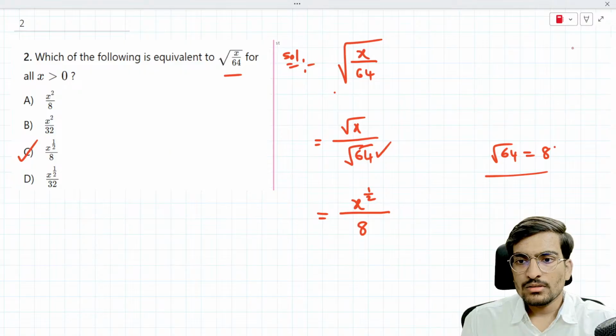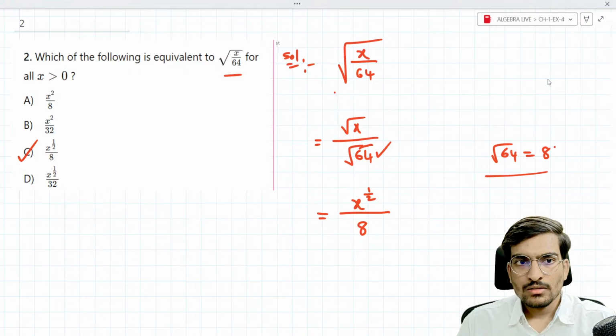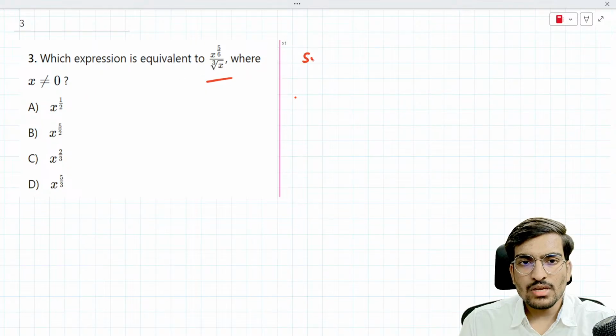Now, which expression is equivalent to this, where x not equals to 0? We just have to solve this value, and after getting it reduced, we have to pick one among the options.